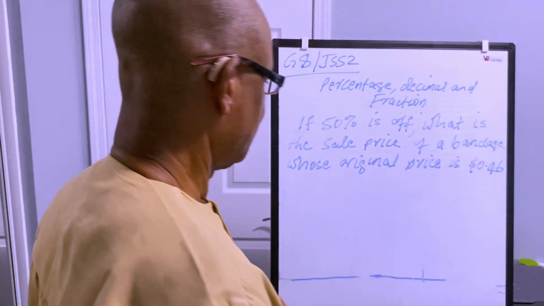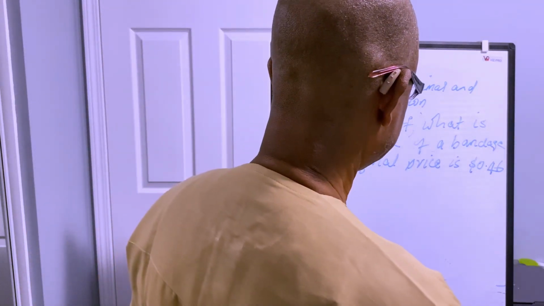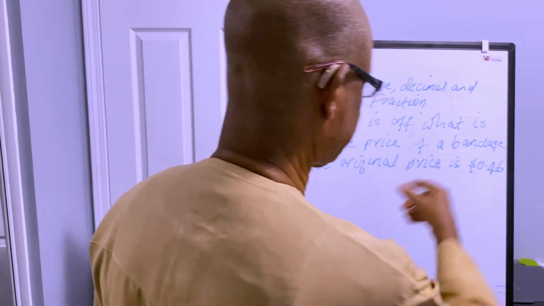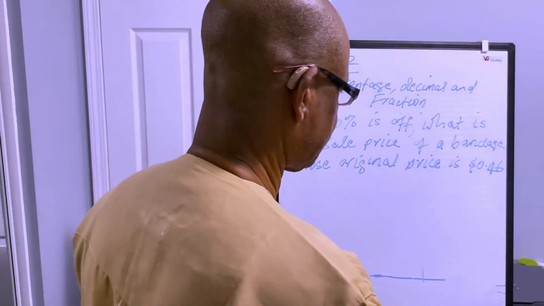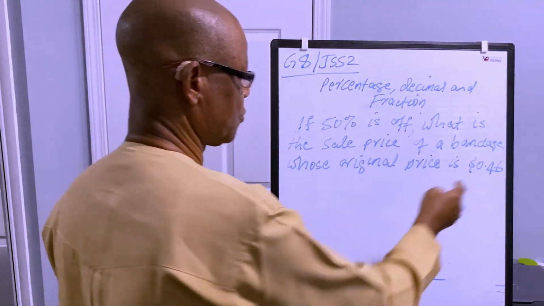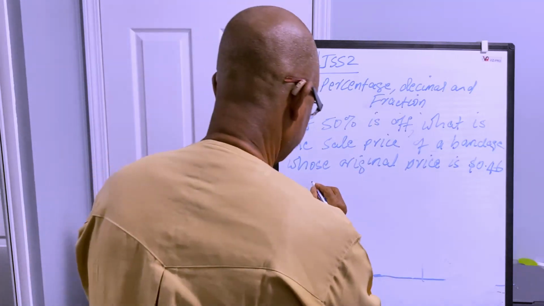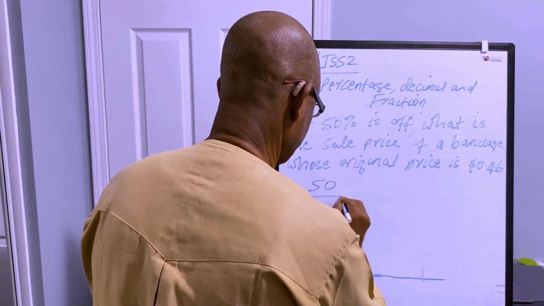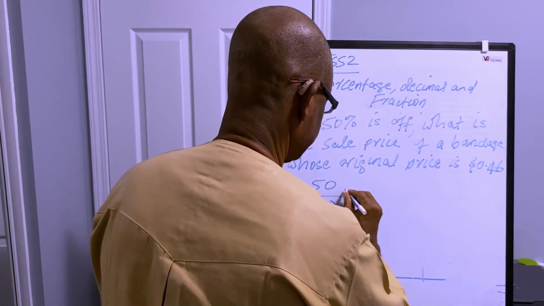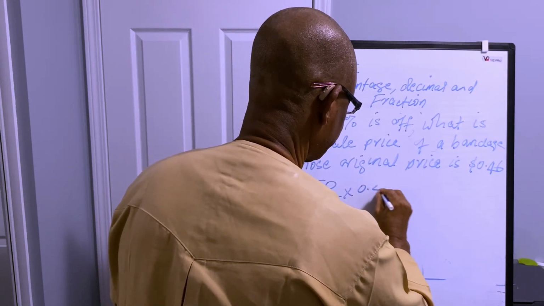So we now find the 50% of this. Originally it was this. So we say 50% is 50 over 100 times $0.46.